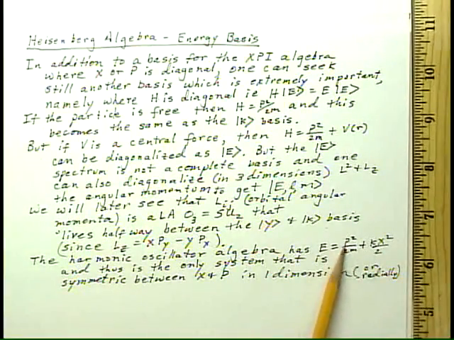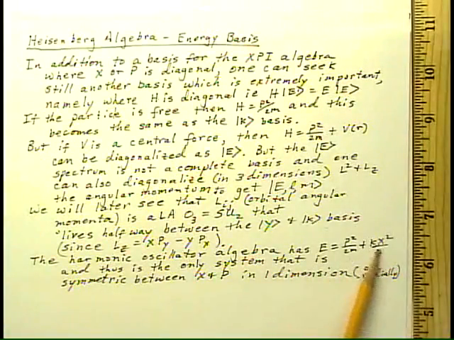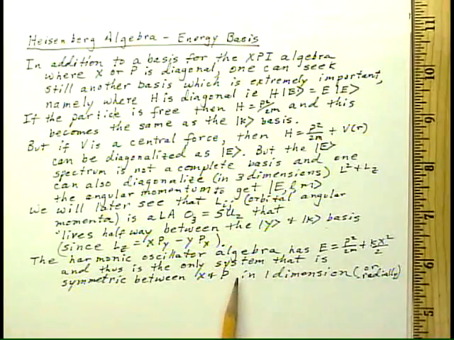This is, of course, the kinetic energy of the particle, the one-dimensional oscillator, and this is the potential energy, 1/2 kx squared for the oscillator, and that can be rewritten in a way that is totally symmetric between the x and the p. So if we were to choose that as the Hamiltonian, we would in fact end up with a system that was exactly symmetrical in terms of the energy eigenvalues between an x representation and a p representation.